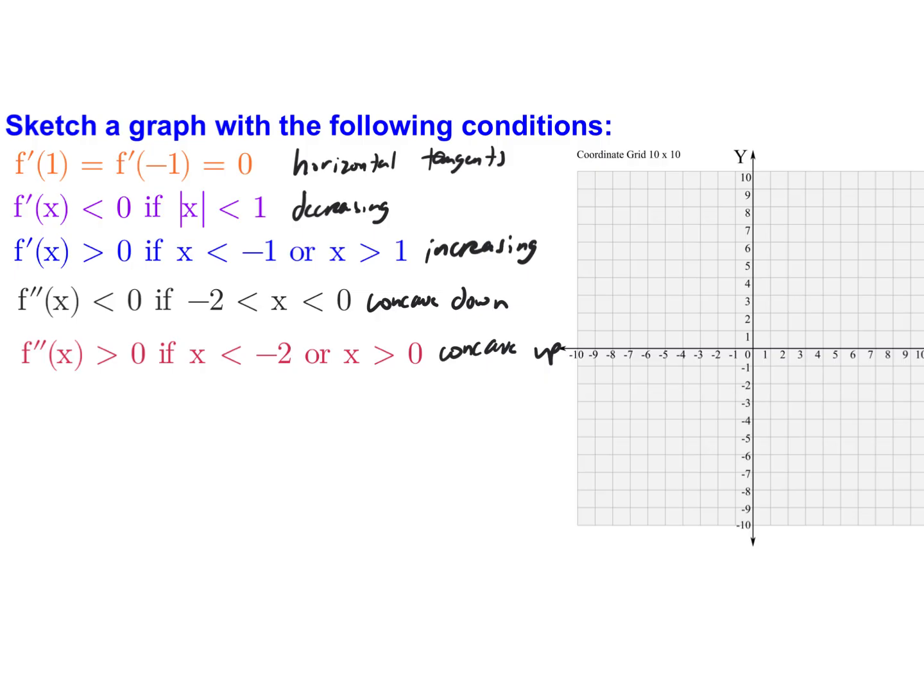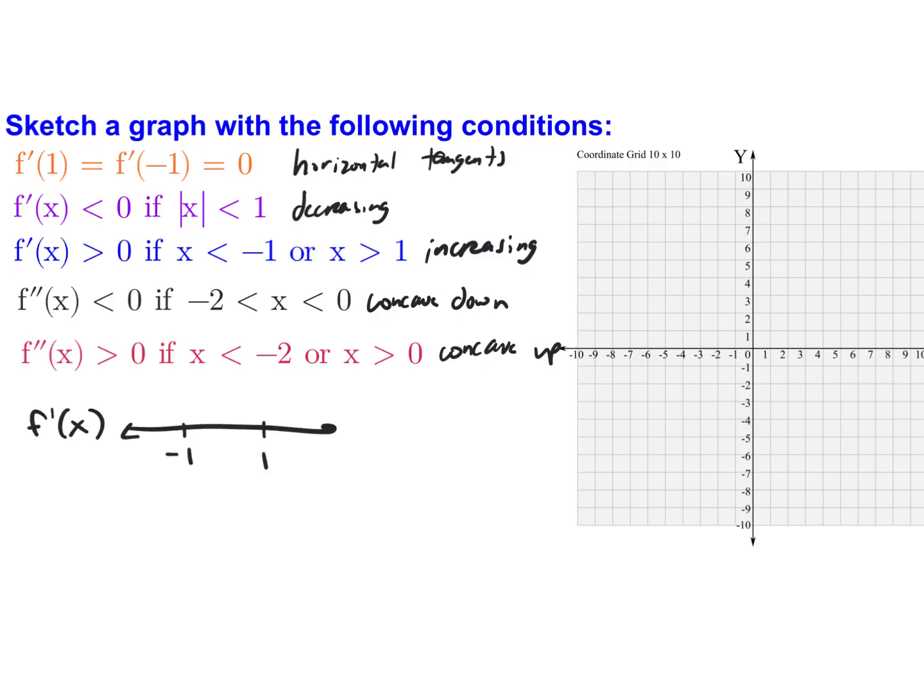And what you have to do is mush it all together and make a graph out of it that has all of these characteristics, okay? So let me break down the best way to do that. And if drawing a number line is going to help you see it, then that's what I recommend that you do, okay? So for the first derivative, they tell us we have zeros at 1 and negative 1, which means these two numbers are my critical numbers.